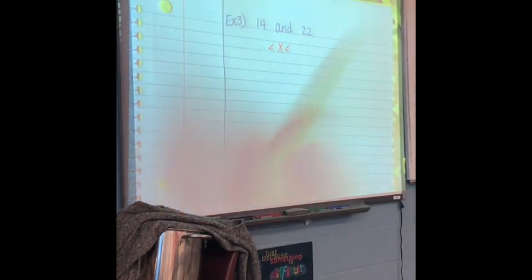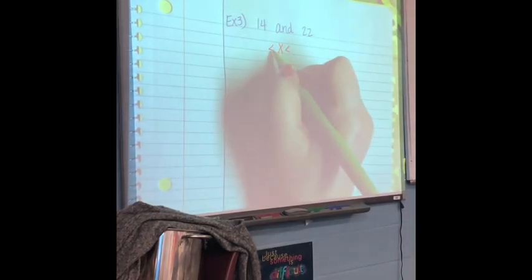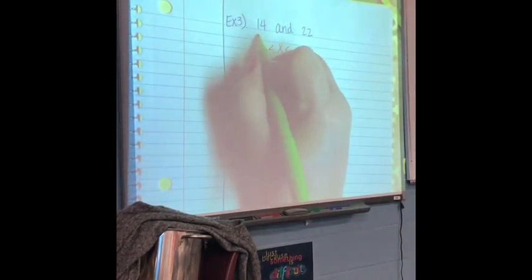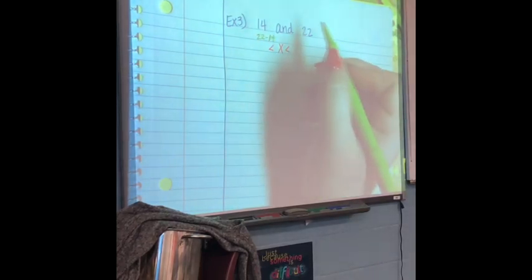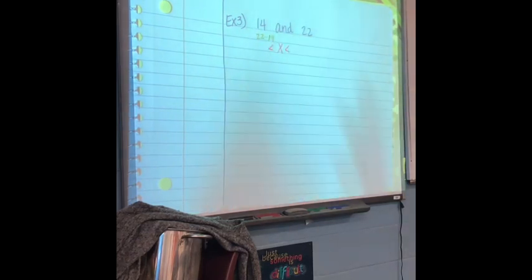On the left side, we say that x can be greater than the difference. So the difference of 22 and 14 means I'm going to subtract. 22 minus 14 is 8.